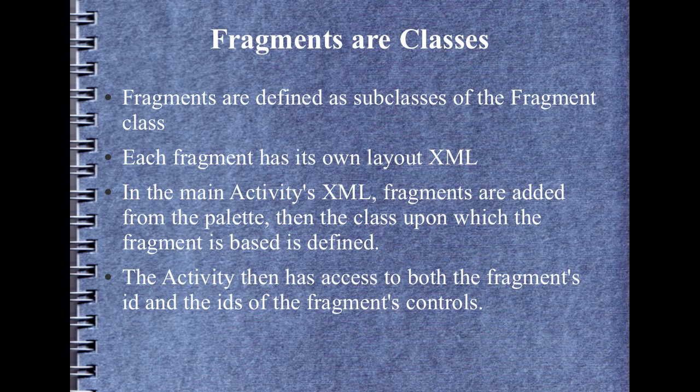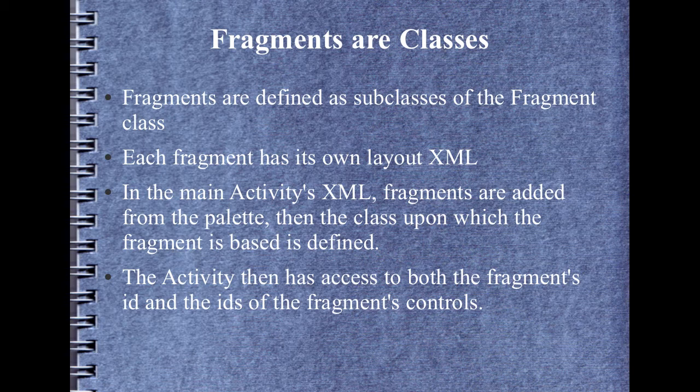After we drag it out, we get a pop-up dialog, and then we're asked for the class of the fragment. At that point, the activity has access to both the fragment's ID and any IDs of the fragment's controls.